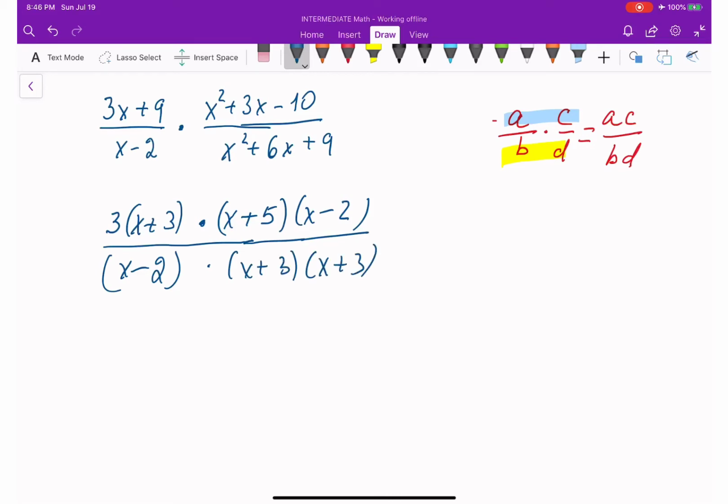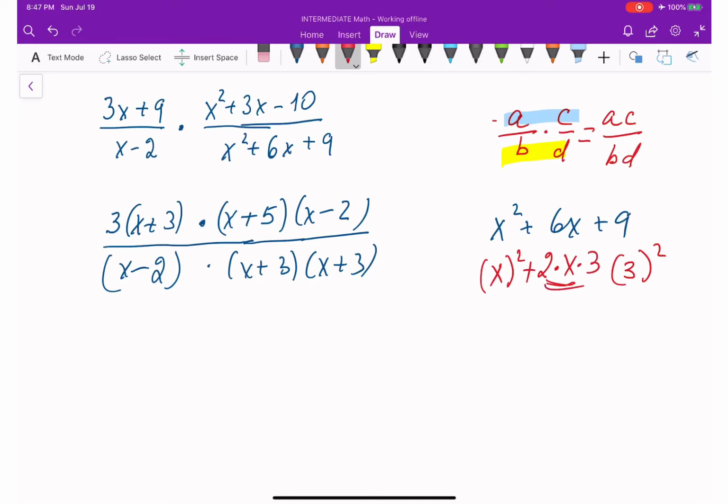At the same time, this is a perfect square, by the way. Let's check: x² + 6x + 9. It's going to be x to the power 2 here, 9 is 3 to the power 2, and plus, we have to have 2ab here, right? Formula for perfect square: 2 times, my a is x, my b is 3.